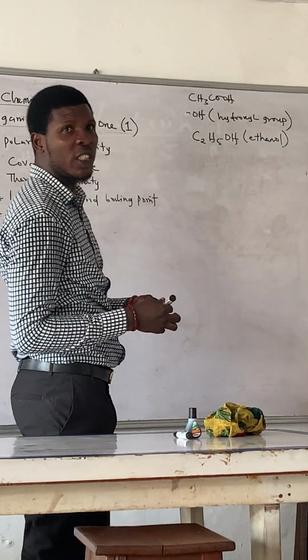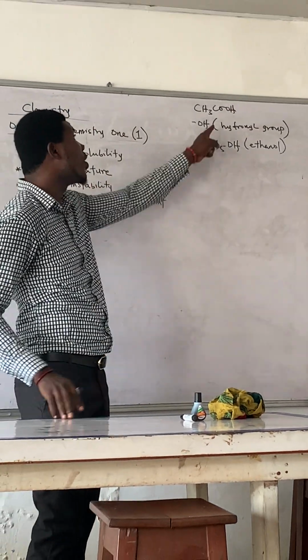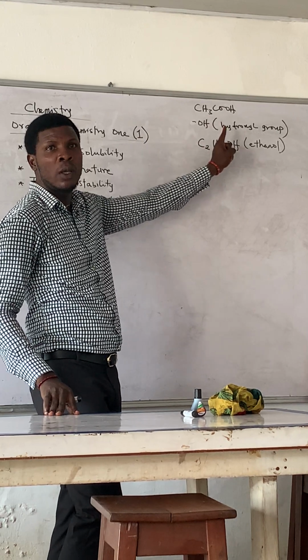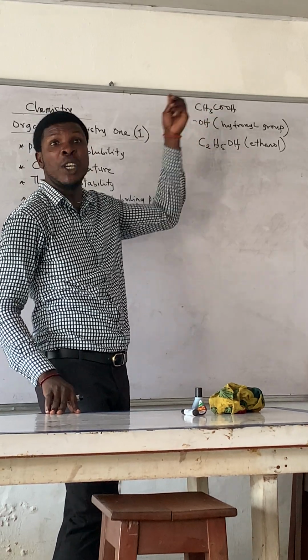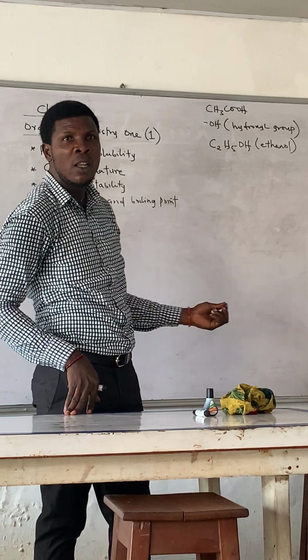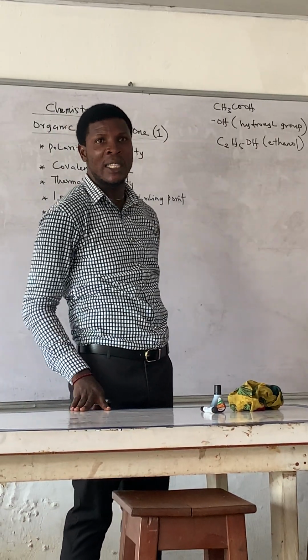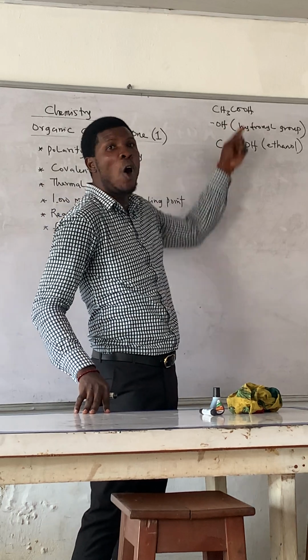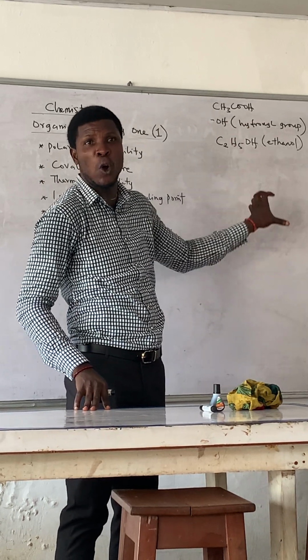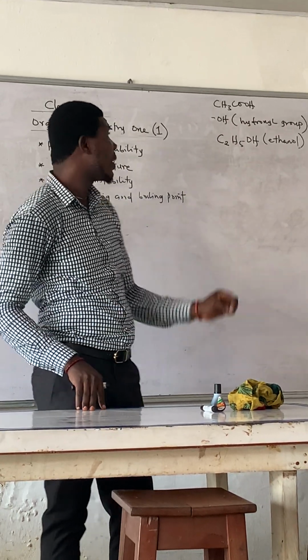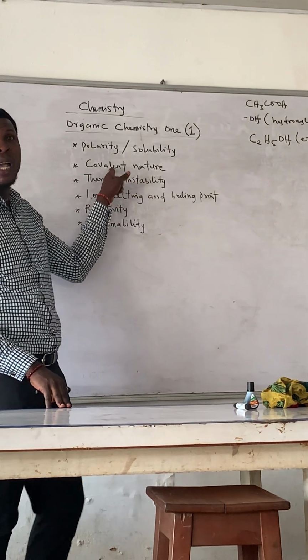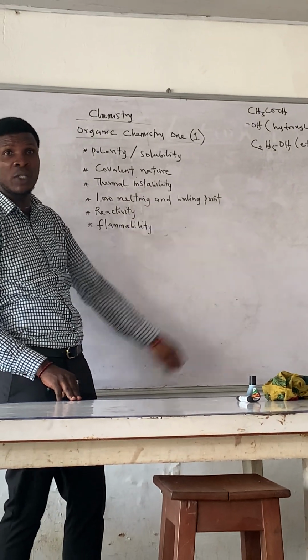It can conduct electricity partially because it is a poor electrolyte. Don't forget that this is a very weak acid, because we have strong acids which are strong electrolytes, and weak acids which are weak electrolytes. With the exception of this one, all other organic compounds are covalent in nature and are non-conductors of electricity.